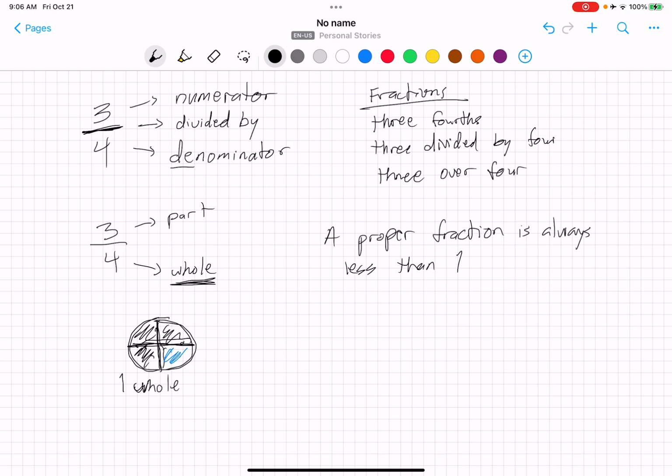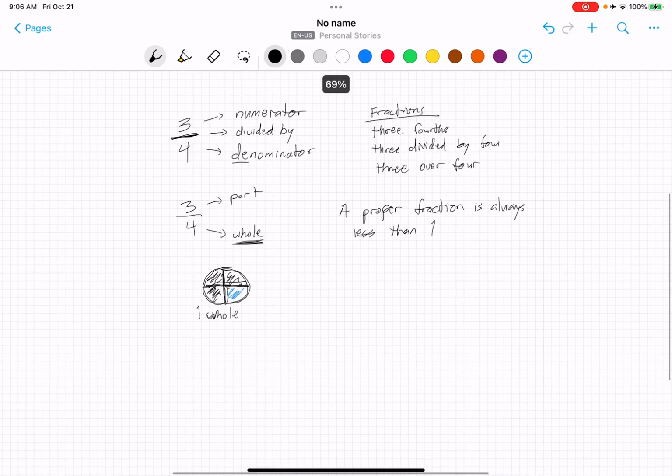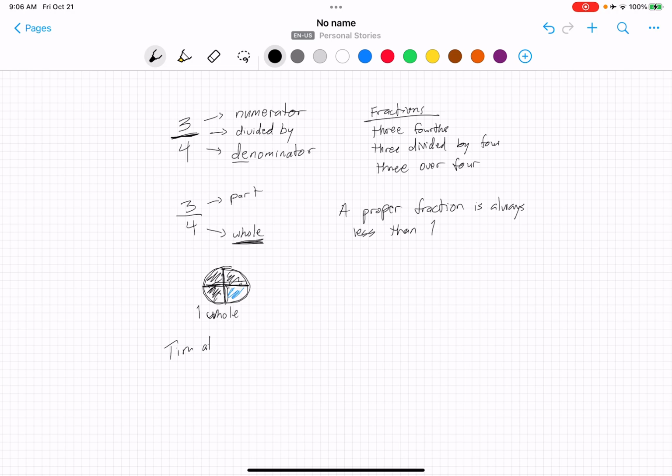How we would represent this then is we can say, I ate 3/4 of the cookie, and I gave away 1/4 of the cookie.